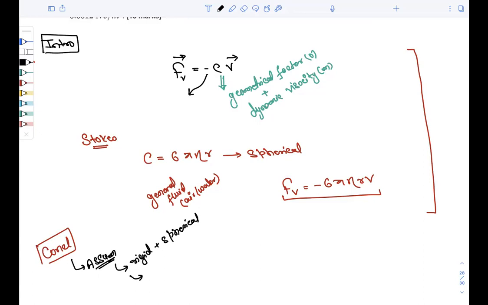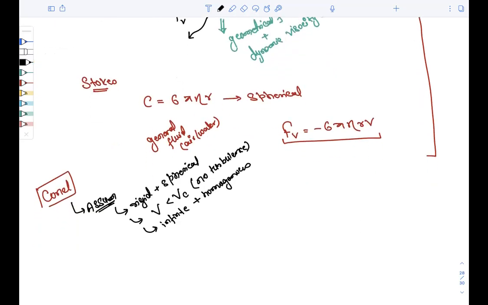Whatever velocity it attains should be less than the critical velocity, that means no turbulence in the flow. And the medium we are considering is infinite and homogeneous. So these are the assumptions associated with Stokes' law.